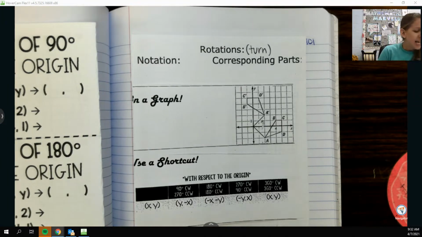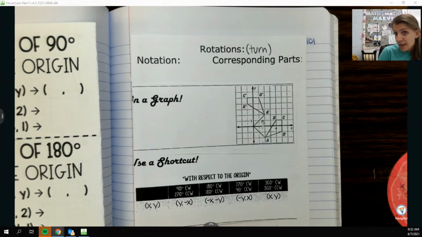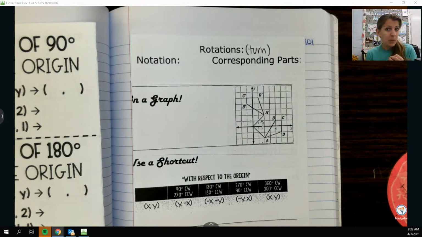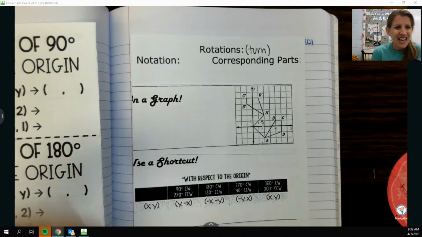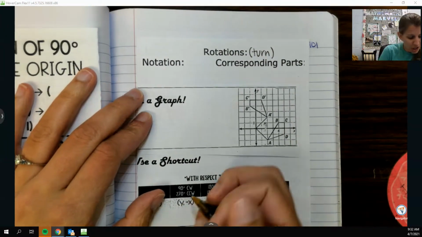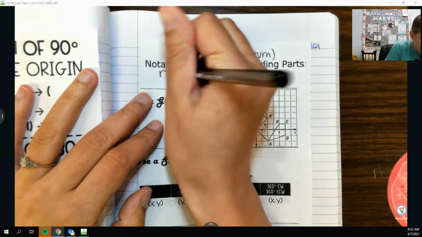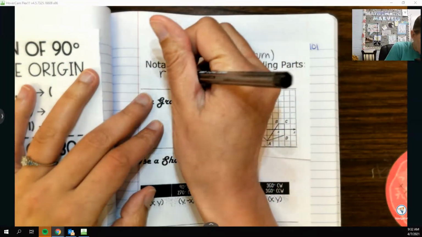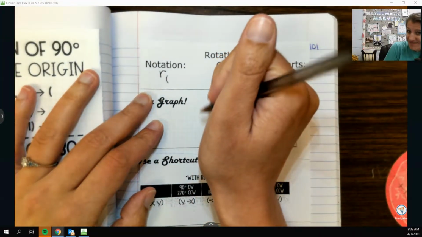If I want to describe a rotation using the correct notation so that we can speak appropriately in math language, the way that I notate that a rotation has occurred is I put a lowercase r, uppercase R was already taken.